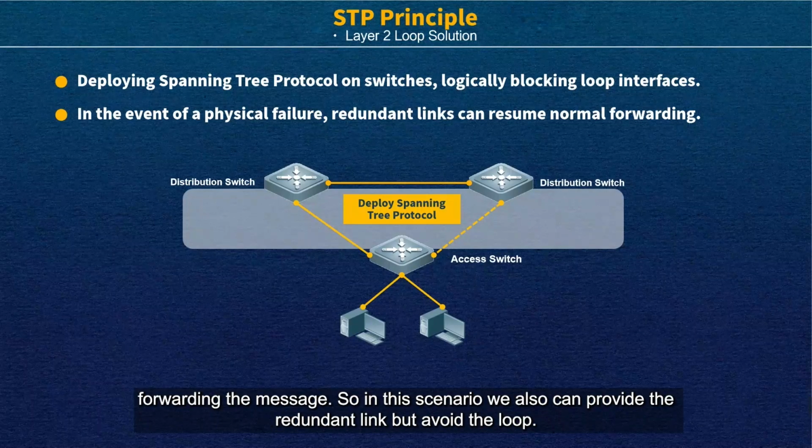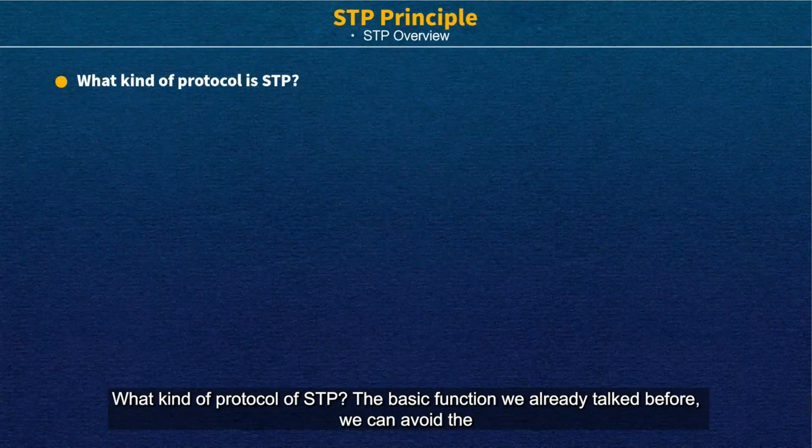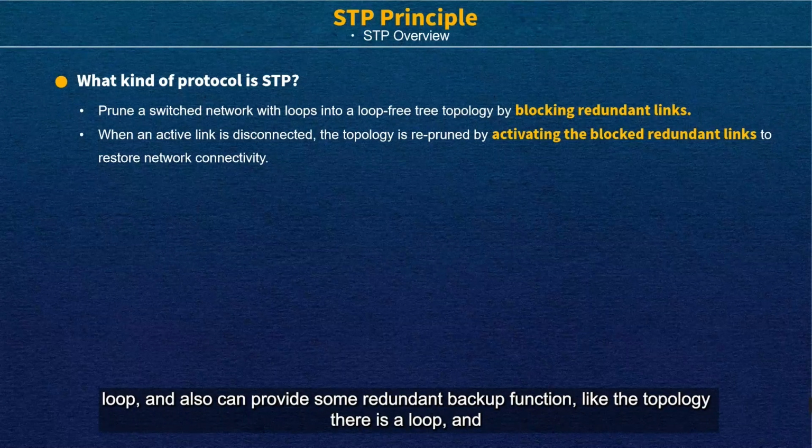So in this scenario, we can provide the redundant link but avoid the loop. What kind of protocol is STP? The basic function we already talked about before: we can avoid the loop and also provide some redundant backup function.